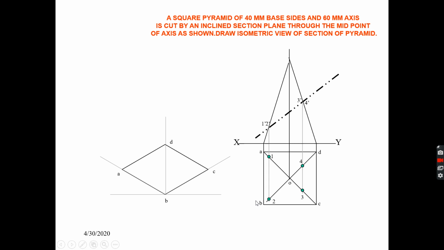I know that these base sides are true measurements. You can see here that this line is parallel to this side AB, and I can measure this distance.